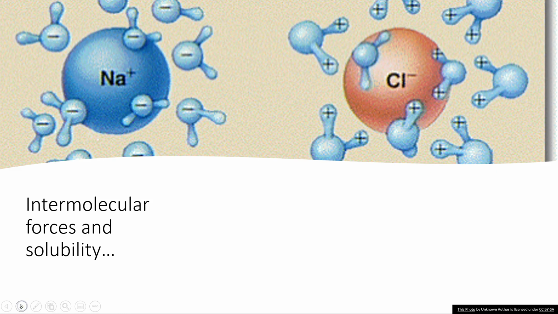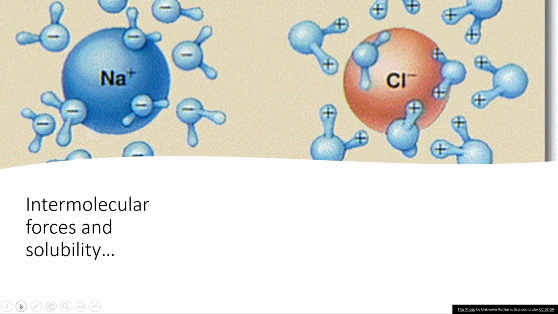Now, moving forward: intermolecular forces and solubility. We talked a little bit last time about boiling point. Our ionic compounds have very high boiling points because those particles are very, very tightly held together. It's hard to separate those to turn them into a gas.